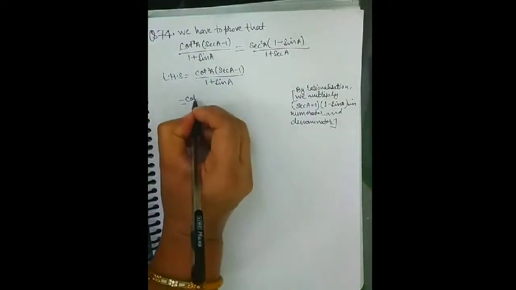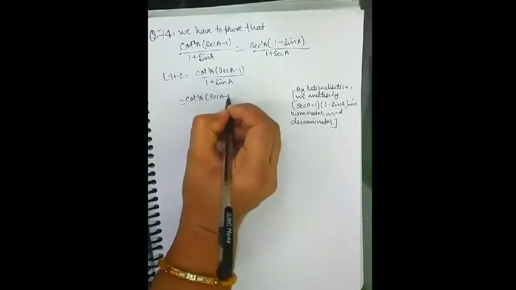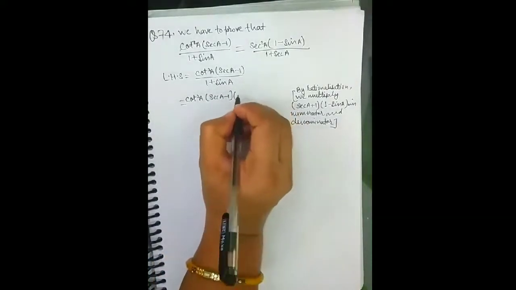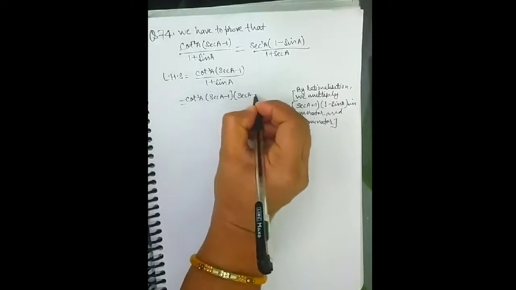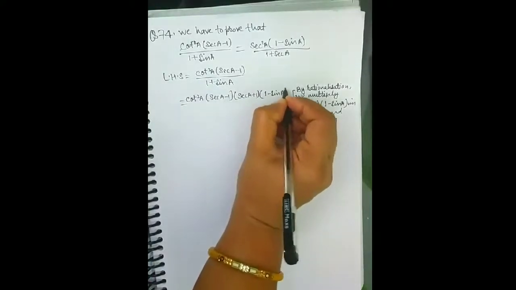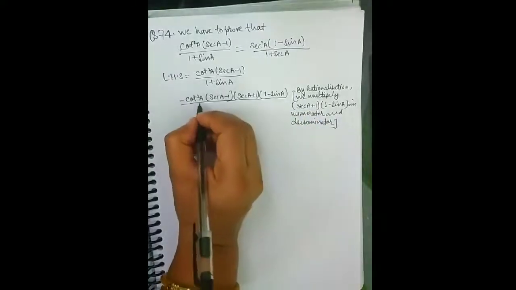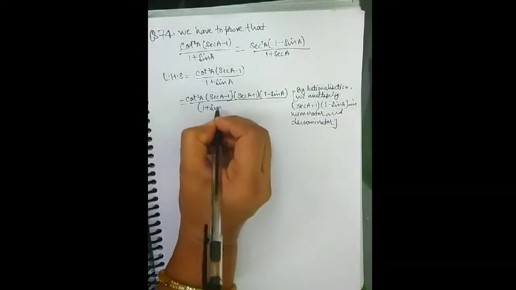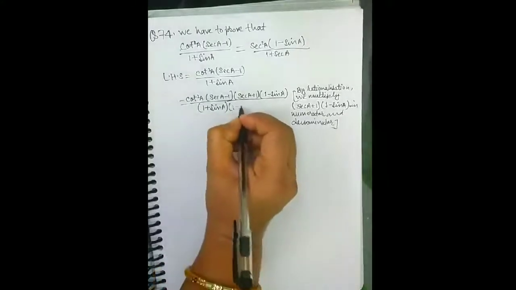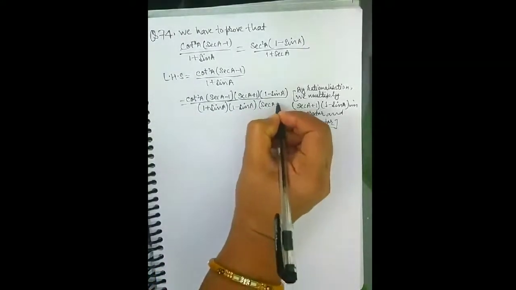So we can write cot square A into sec A minus 1 into sec A plus 1 into 1 minus sin A upon 1 plus sin A into 1 minus sin A into sec A plus 1.